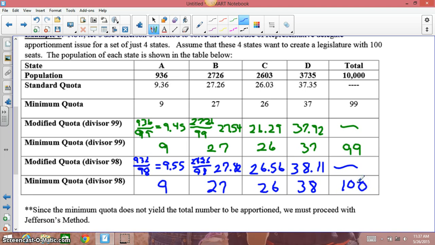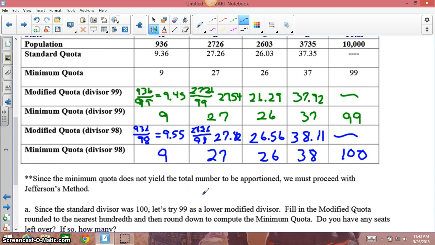And so if you notice, with Hamilton's method, when we did this example the first time, he gave the leftover seat to state A, and now here looking at Jefferson's method, he ends up giving the leftover seat to state D. So just like I mentioned before, Hamilton had several paradoxes that arose from his method.